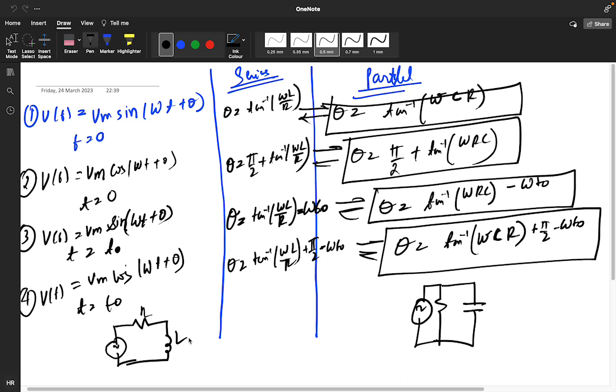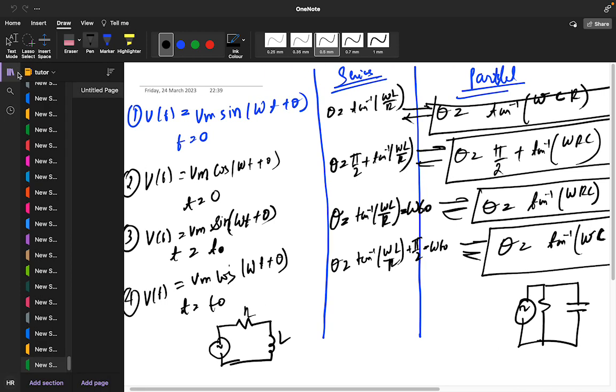Okay, write one question for solving this transient. The question is very simple.